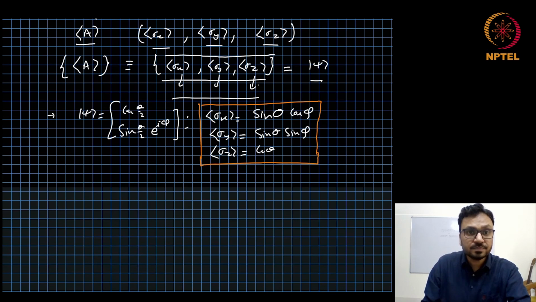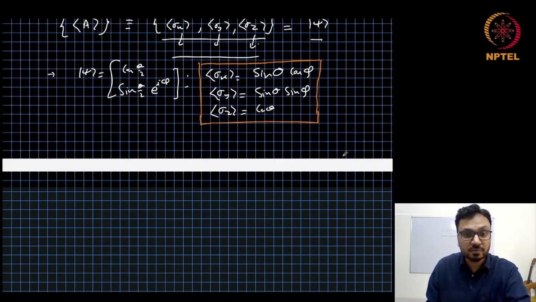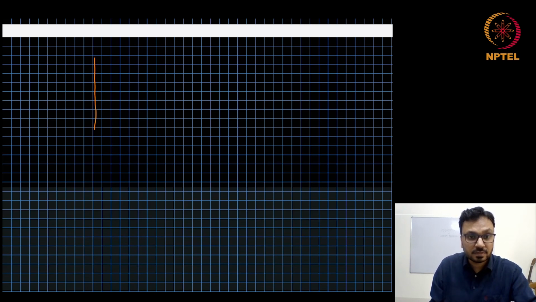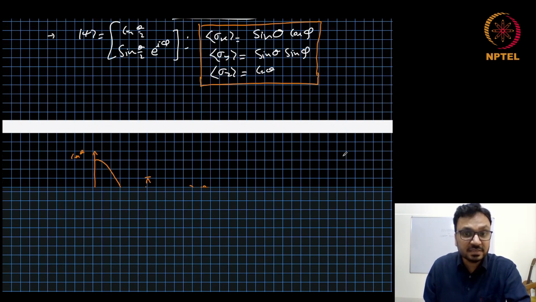And since theta is from 0 to pi, we can see that cos theta starts from 1, goes to 0 at theta equals pi by 2, and goes to minus 1 at theta equals pi. So there is no repetition in theta.